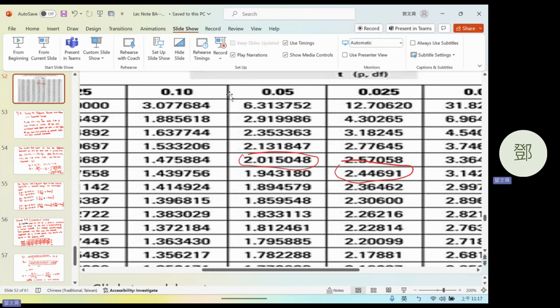So alpha divided by 2 is 0.05, and the degree of freedom is 5. So 1, 2, 3, 4, 5. So this is the critical value, 2.015. That is why the critical value here is 2.015.